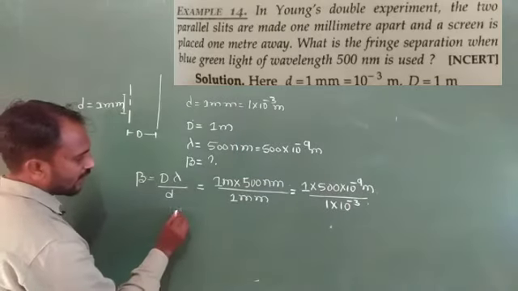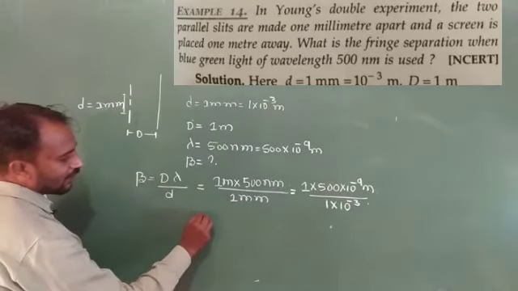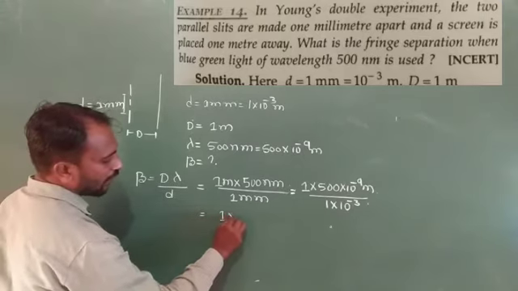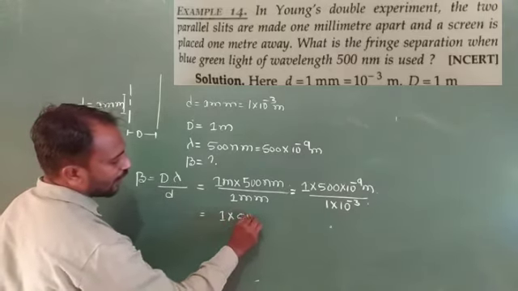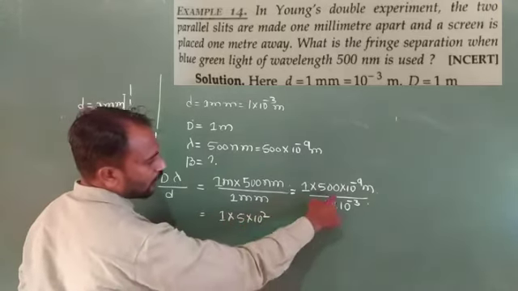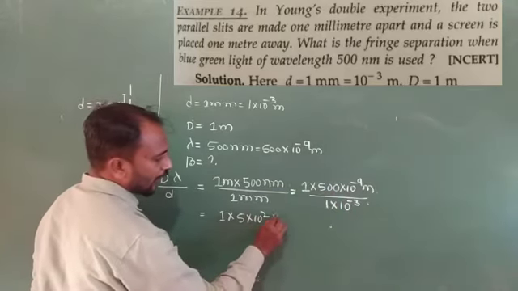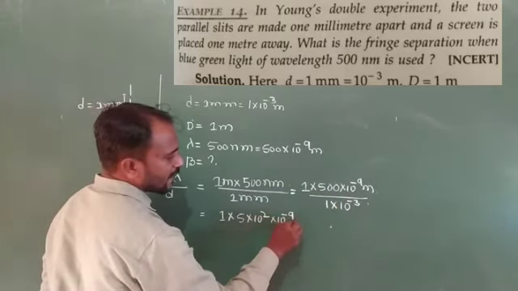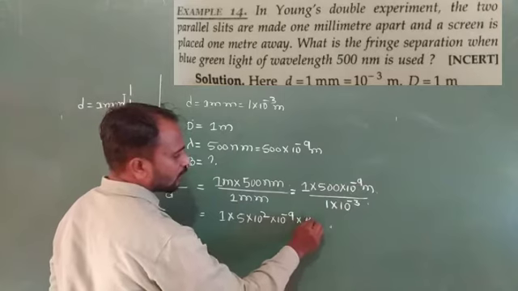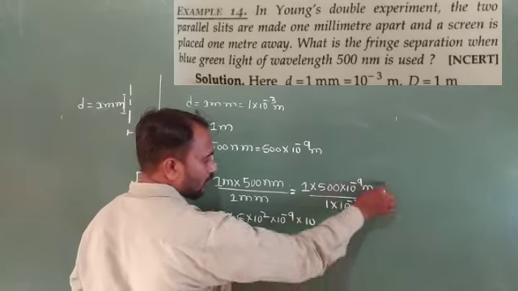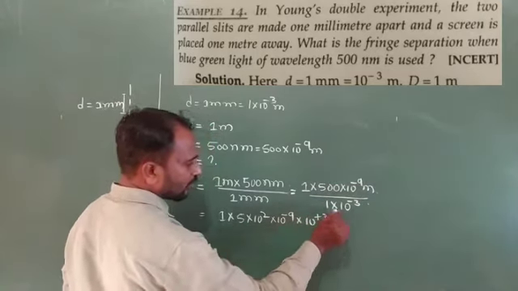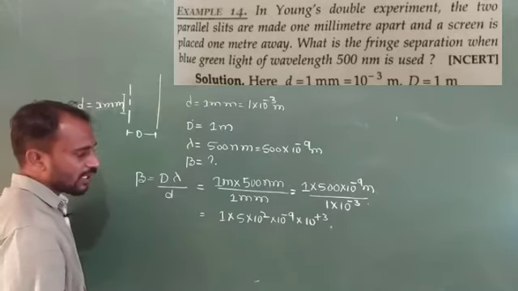Here we consider 5 into 10 power 2, because 500 into 10 power minus 9 into 10 power plus 3.